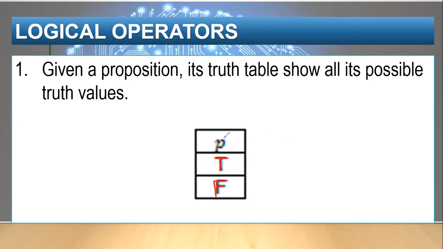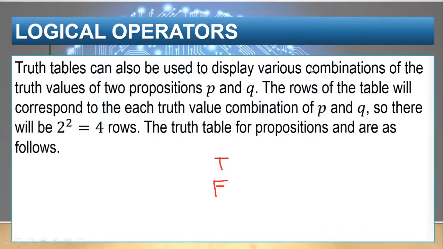We have the proposition or the letter at the top and we have the two values, either true or false. For the logical operators, truth tables can also be used to display various combinations of the truth values of two propositions, P and Q.